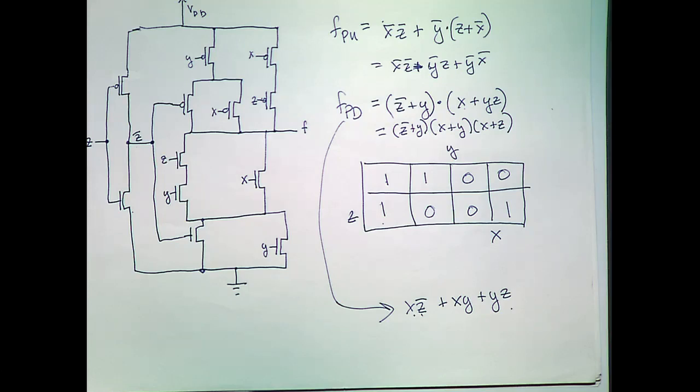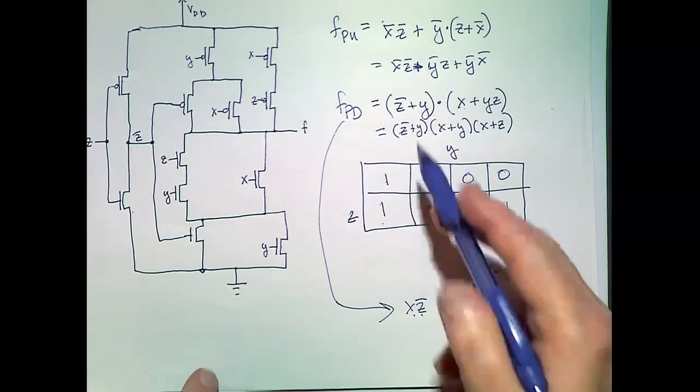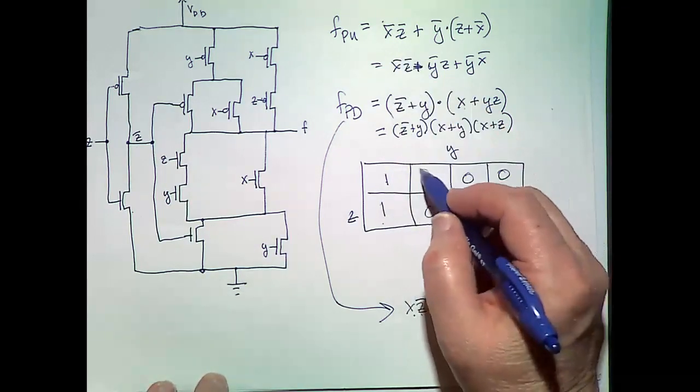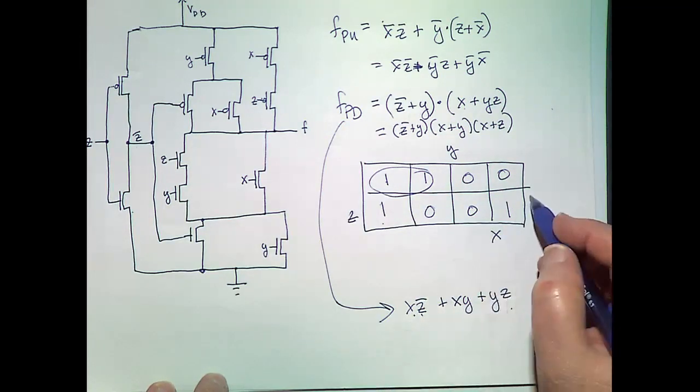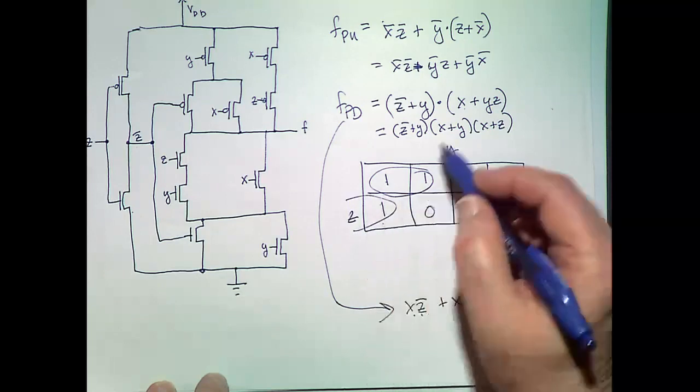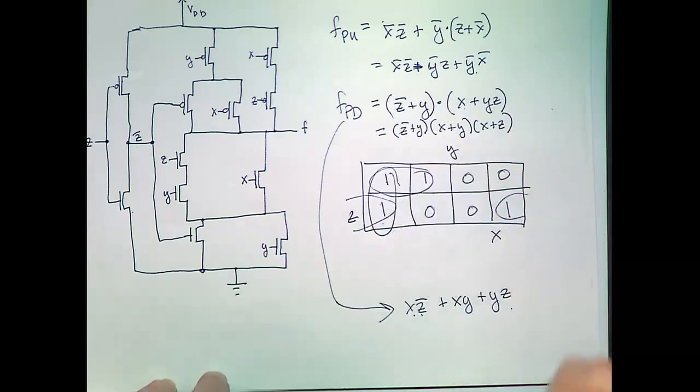How would I simplify that? Basically what we did here is we added this one, x z bar, and we added y bar z. Is one of them not necessary?